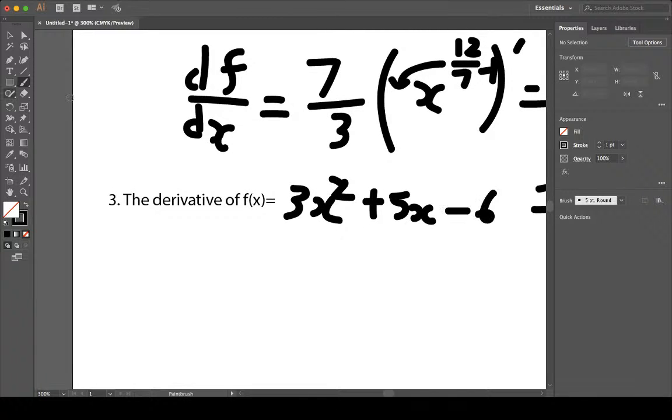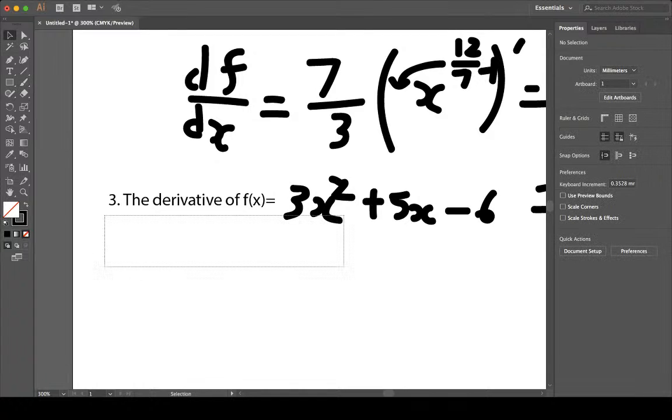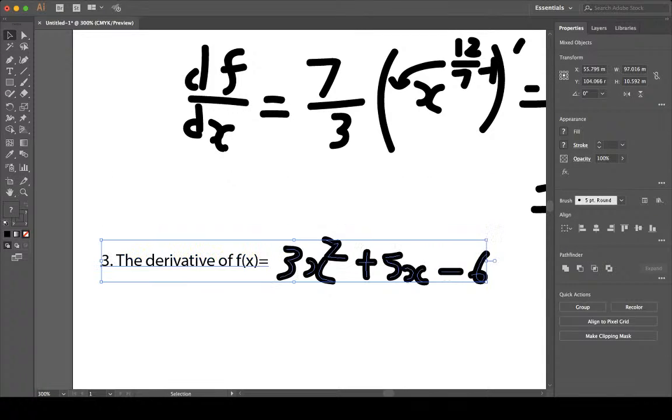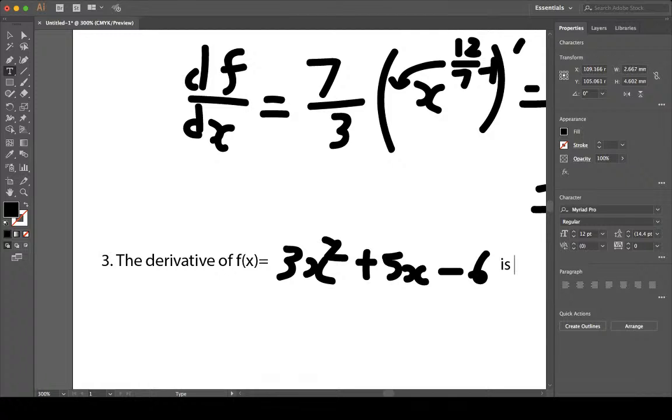And let me just actually move this guy down. Is function derivative of x. Oh no, sorry. It's only that, so yeah.